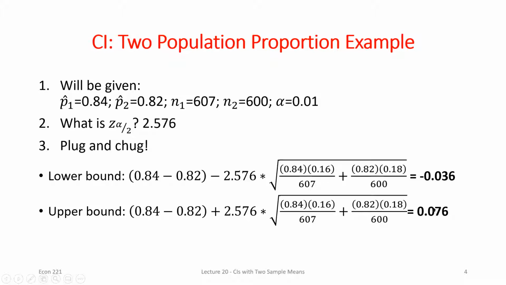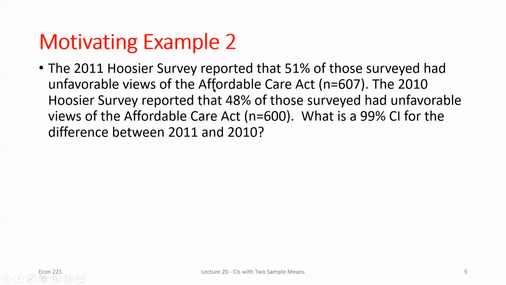So this confidence interval included some negative values, some positive values, and then it also included 0. Right? So if it includes 0, then one of the true differences could be 0, that they're exactly the same. Right? So based off this confidence interval, we can't say a whole lot about what the true difference is in these population proportions. So we're just going to work through a very similar example again today.